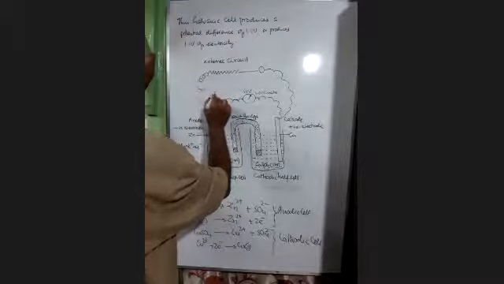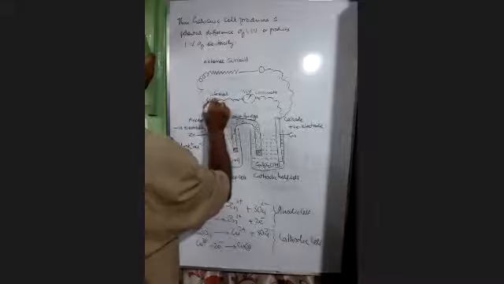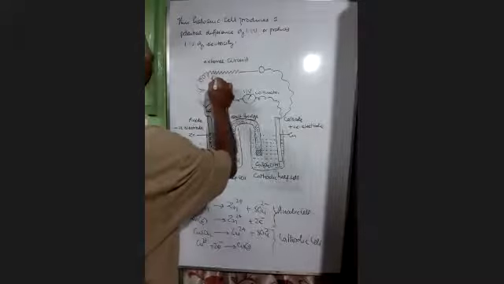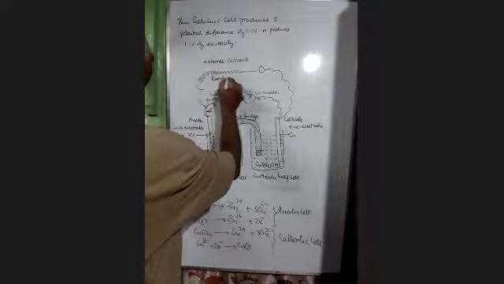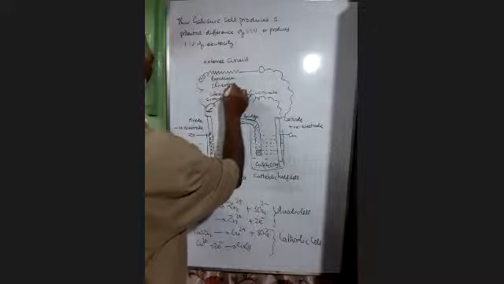This is the external circuit and this is the internal circuit. This is resistance. This instrument is called a resistor.